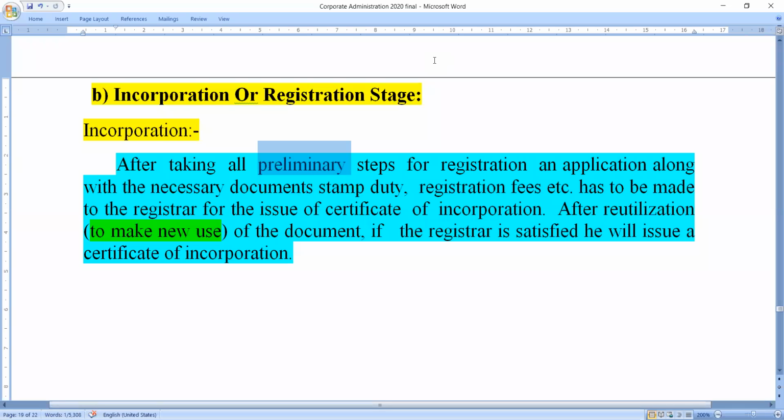Whether you put in 5 lakhs, 10 lakhs, 15 lakhs, 20 lakhs, 30 lakhs or 40 lakhs, it depends upon your capital structure, how much you have invested in your organization. Based on the capital amount, the registration fees are prescribed and have to be paid to the registrar for the issue of the certificate of incorporation.